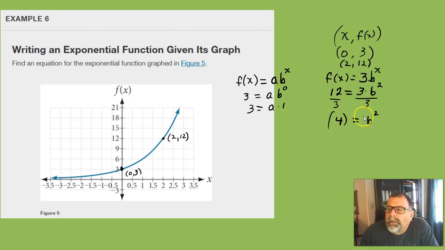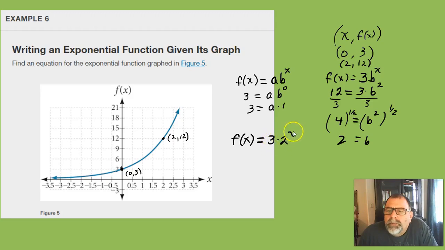And then we're going to raise both sides to the 1/2 power, which is the same thing as square rooting both sides, right? But we're not going to do plus minus, we just want the positive one. So if we do 1/2 power, or square root, you get 2. So b is 2, because remember the base has to be positive, so that's why you don't do the plus minus. So our equation would be f of x equals 3 times 2 to the x.